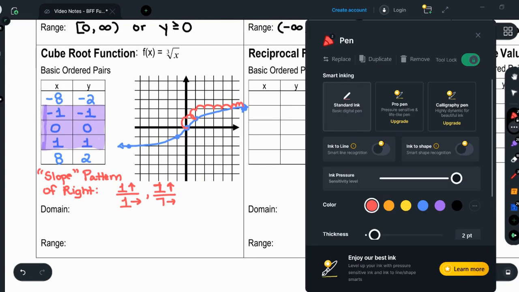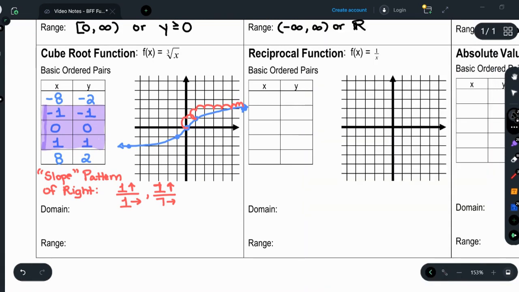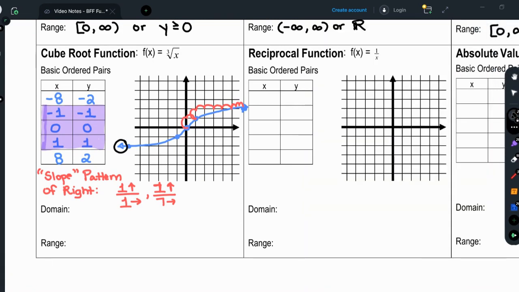As you see on the left and right, we have arrows that are two-dimensional. So on the left, I have an arrow that's going down and left, and on the right, I have an arrow that's going up and right. Because of that, I'll have all real numbers for both my domain and range. Remember, you can write it in either notation, whichever one you prefer, I will accept.